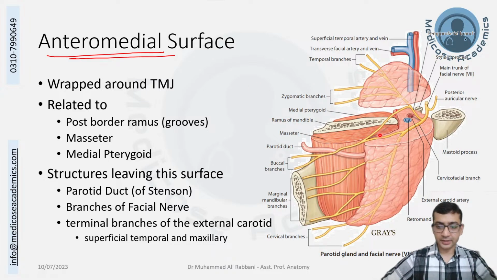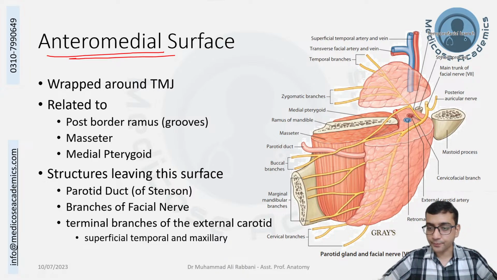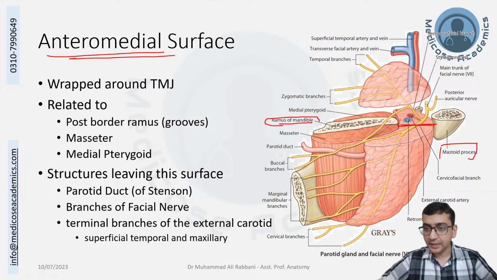I would like to mention here the parts of the parotid gland also. The part that is on the surface is the superficial part, and the part that goes beyond the mandible here and the mastoid process is the deeper one, the deep part.